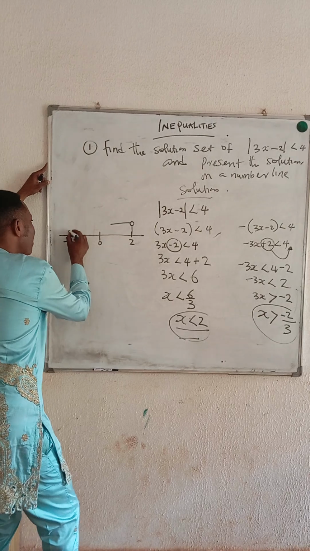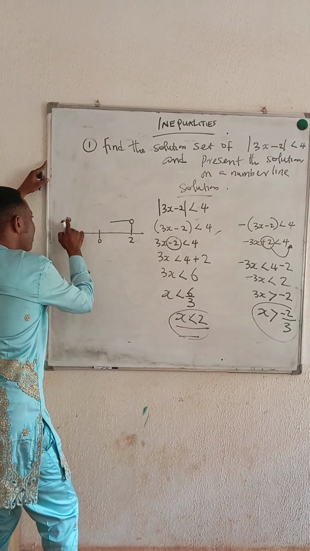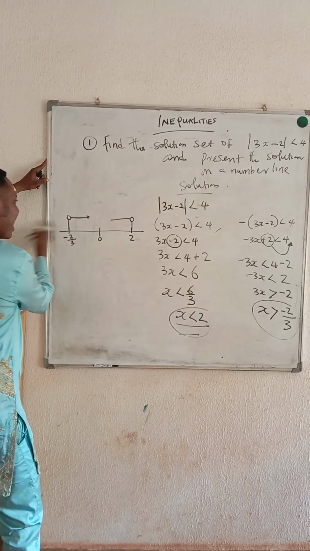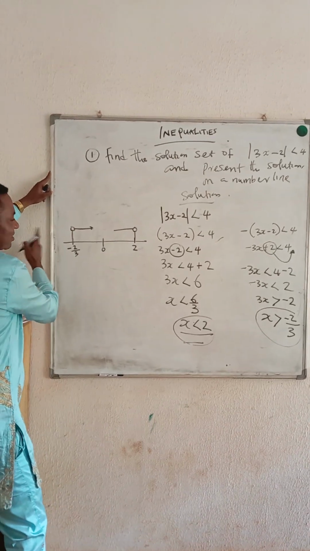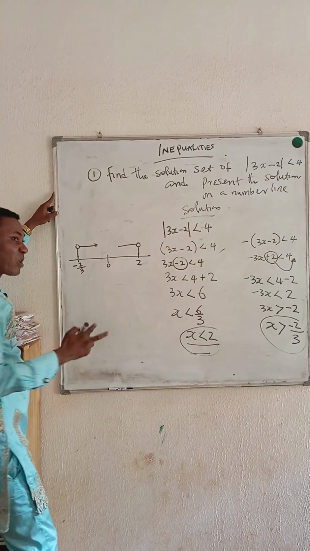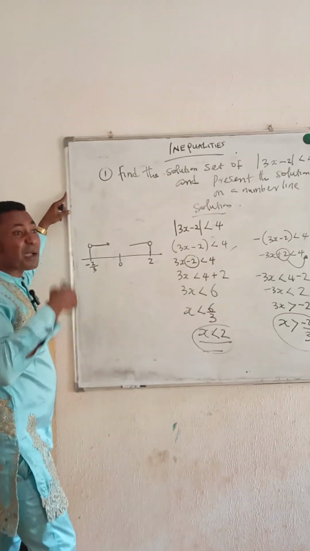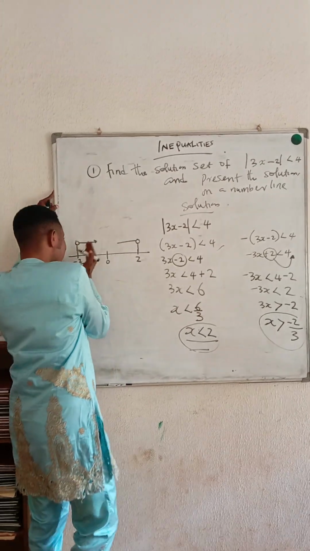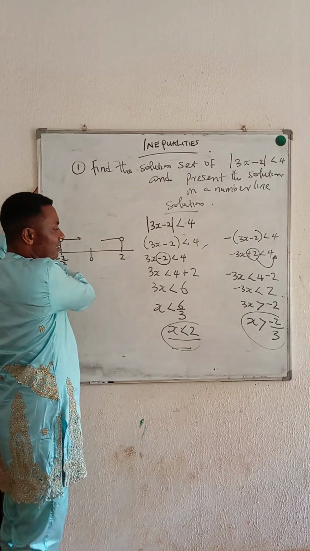Remember, this is not shaded. We go this side. Because going this side, it means x is less than minus 2 over 3, because all the numbers here are automatically less than this. Minus 100 is less than minus 1. Even minus 1 million is less than what? Minus 1.